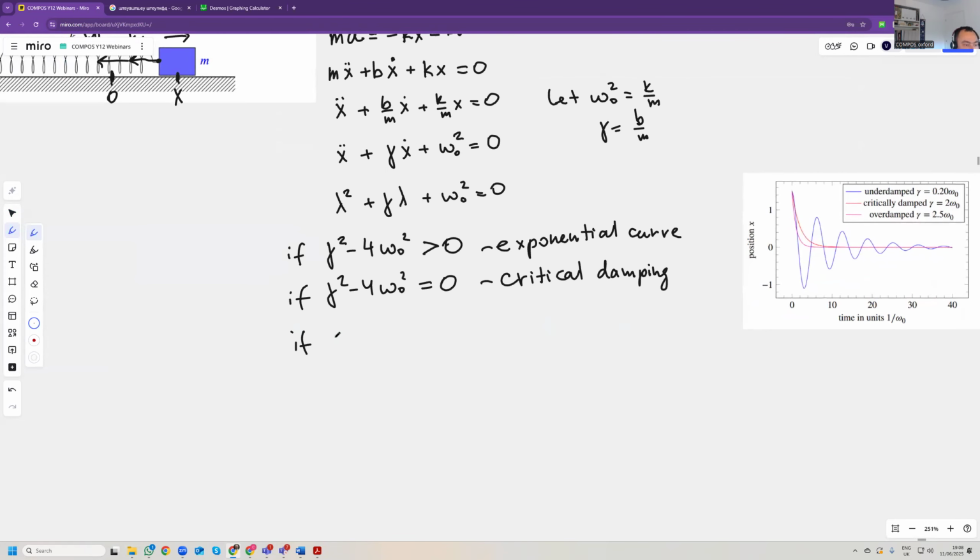And if gamma squared minus 4 omega 0 squared is less than 0, then you have underdamping.